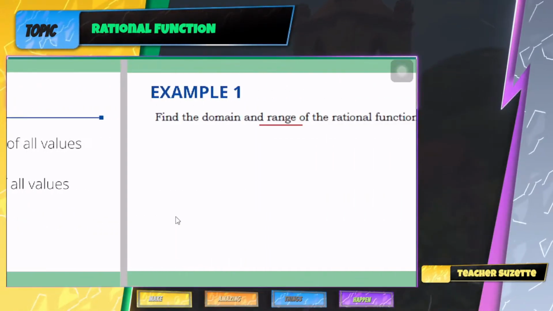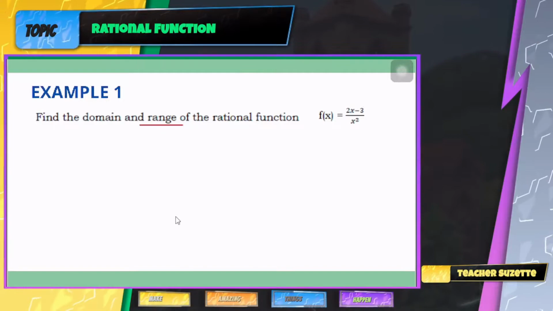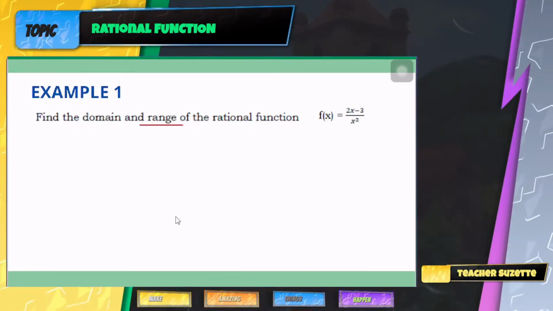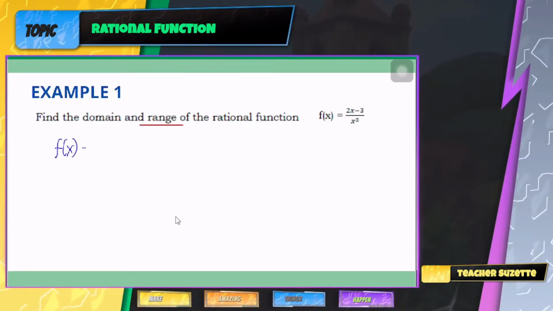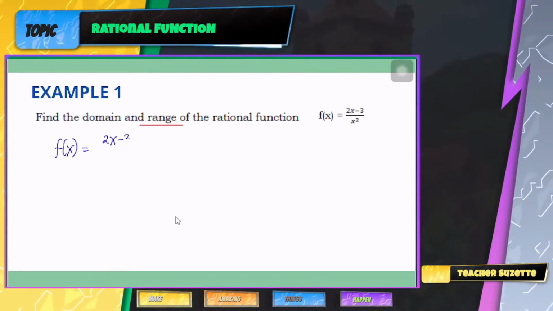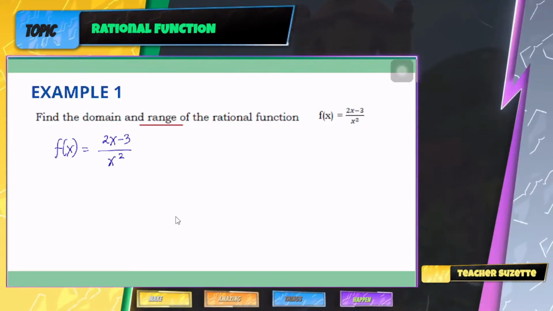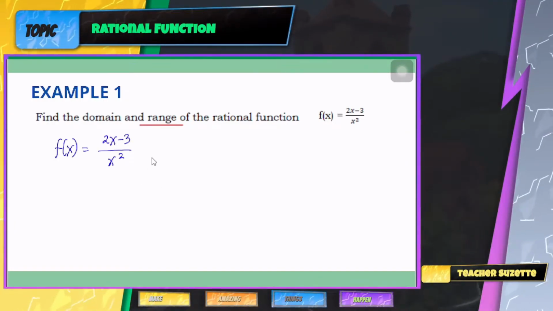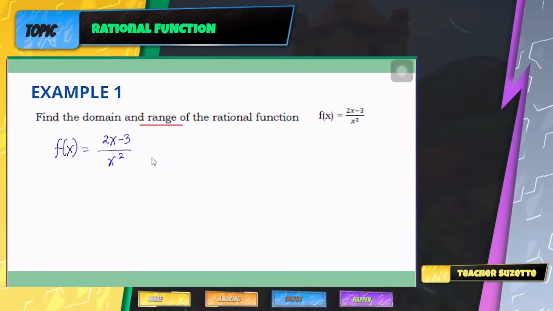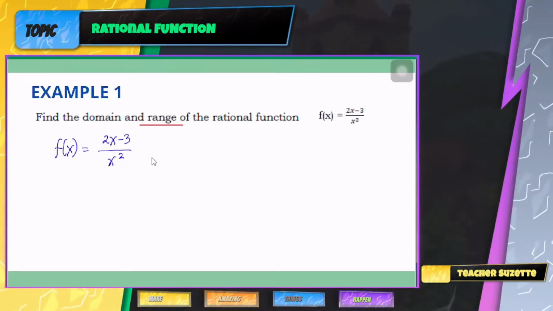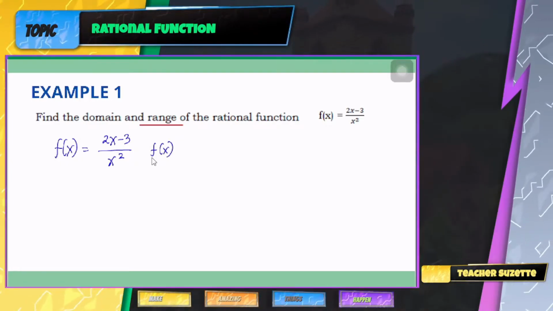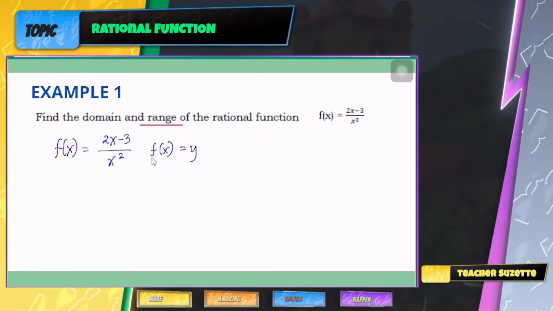So now let's have our first example. Our function is f of x equals 2x minus 3 all over x squared. For us to solve for the range, the first thing we have to do is to transform our f of x into y.